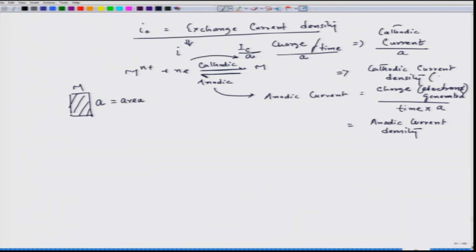We will term the cathodic one as IC, and this one would be IA.